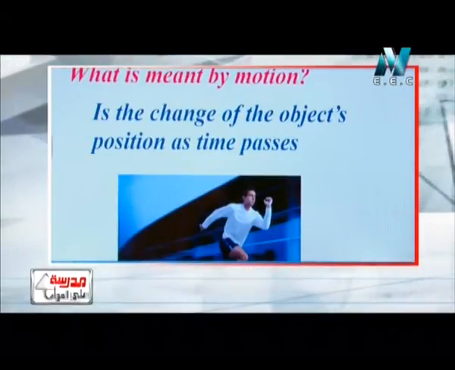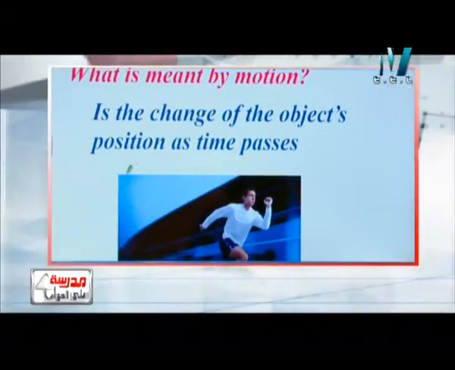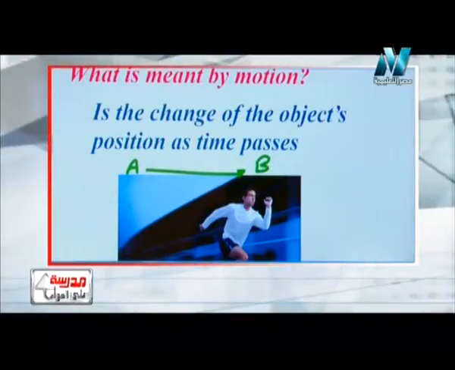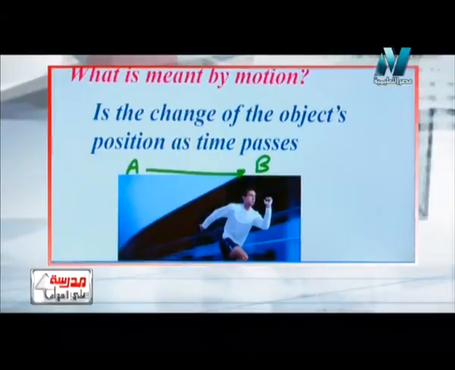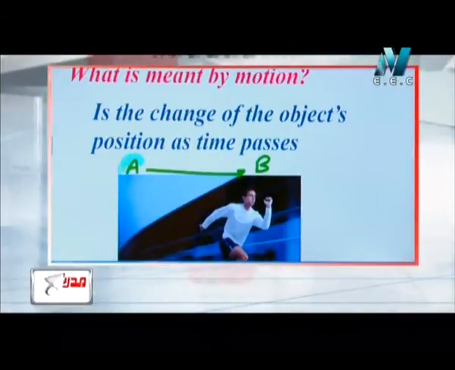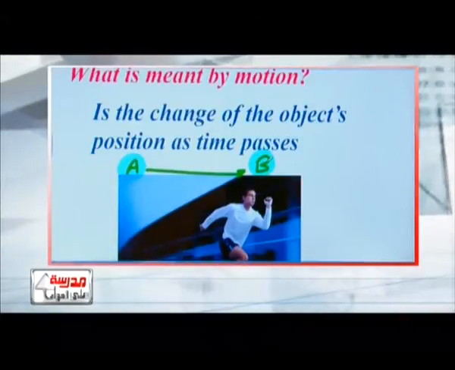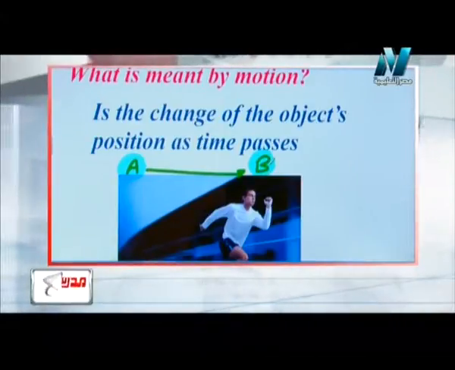If we want to move from this point, point A, toward point B, so here we change what? We change the position of this object from point A to point B, and this motion takes time. It will certainly take time.